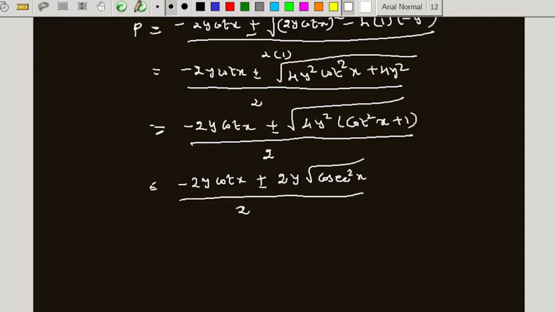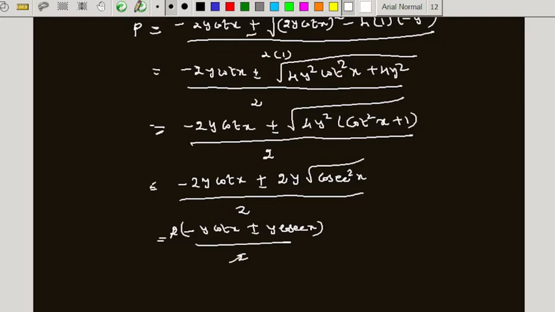So we get minus 2y cot x plus or minus 2y cosecant x, dividing by 2. Taking 2 common, the 2 cancels.